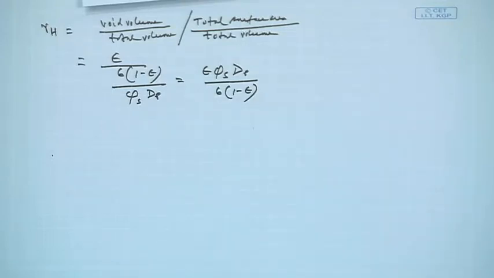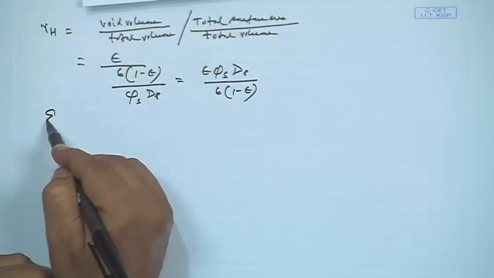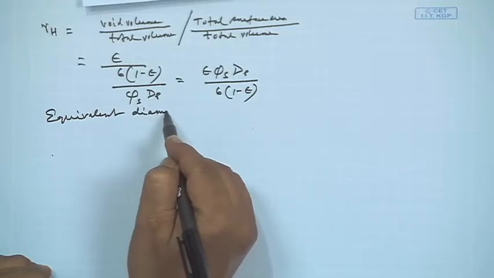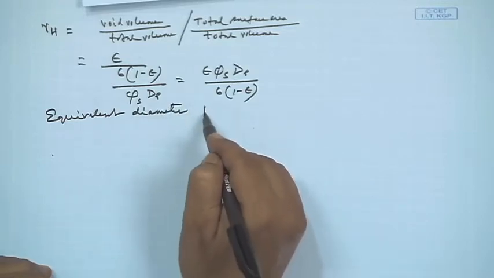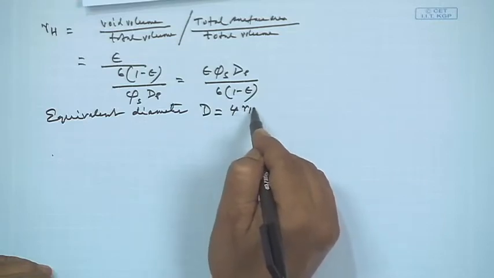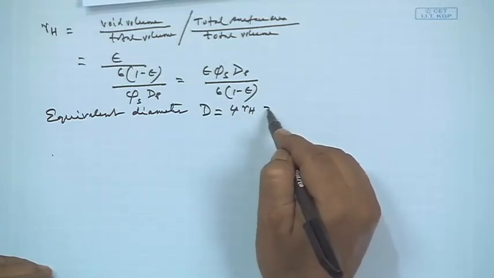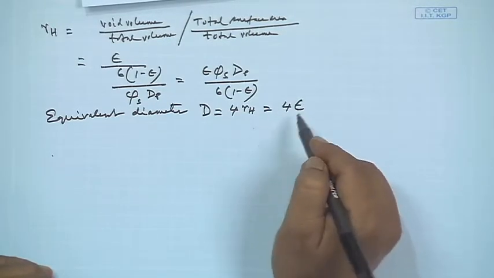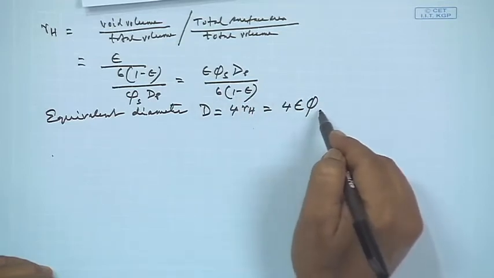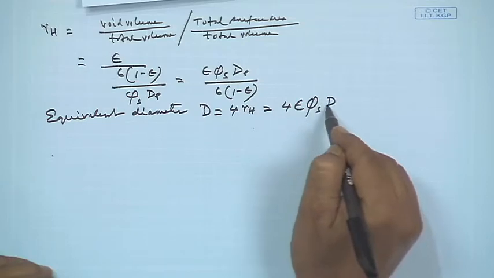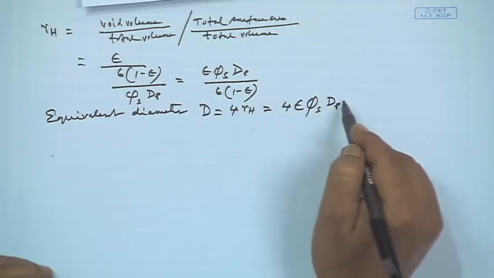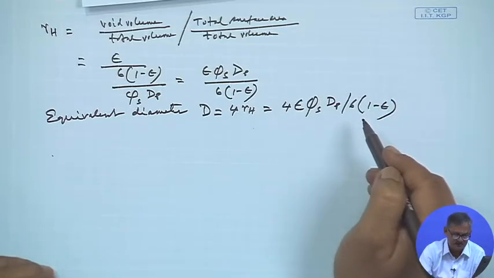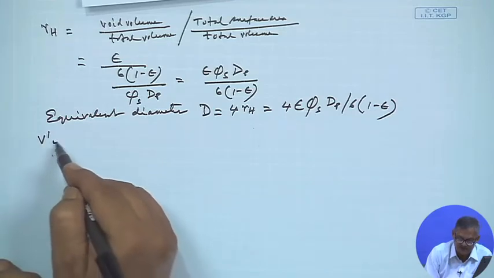Now, for that equivalent diameter, capital D is nothing but 4 RH, right. So, this can be written as 4 epsilon phi s dp divided by 6 into 1 minus epsilon, right.